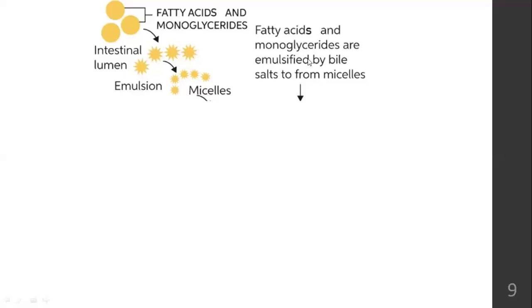But as soon as it enters your duodenum, the first part of your small intestine, it gets mixed with bile salts from the liver. Because of the action of bile, emulsion will take place. Emulsion means these big globules of fat get emulsified into smaller and smaller micelles.